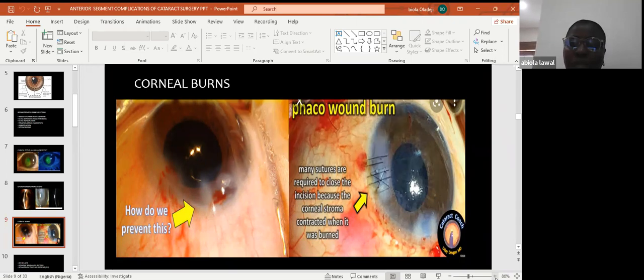And when this is observed, it is prudent to just come out. Try to expand the wound, adjust your irrigation system, also lower the power settings before going back in, so as not to have a corneal burn, which will shrink the wound edge, cause significant post-op astigmatism and wound leak and the other sequelae that come with wound leakage. So when this happens, meticulous suturing should be done to close the wound properly at the end of the procedure.